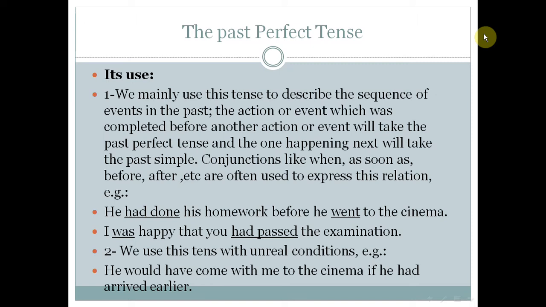So he had done his homework before he went to the cinema. So he had done, it's an earlier action. The second action followed it, went, is in the past simple.